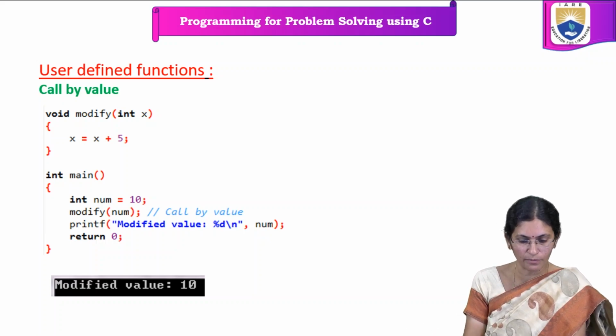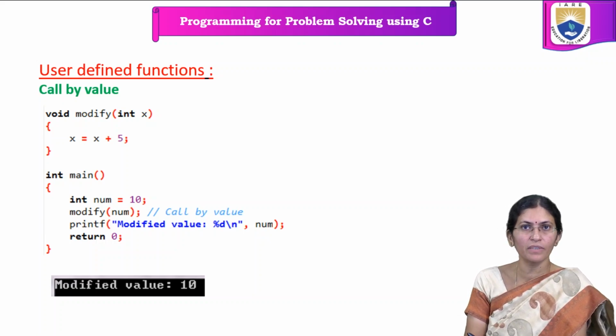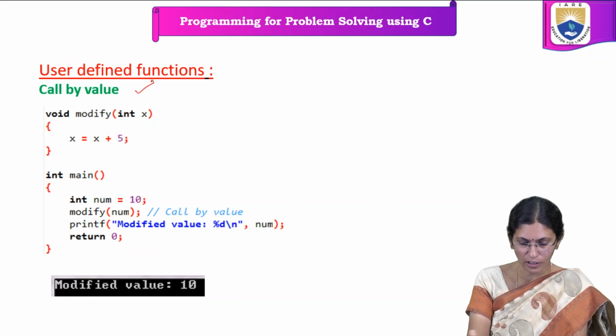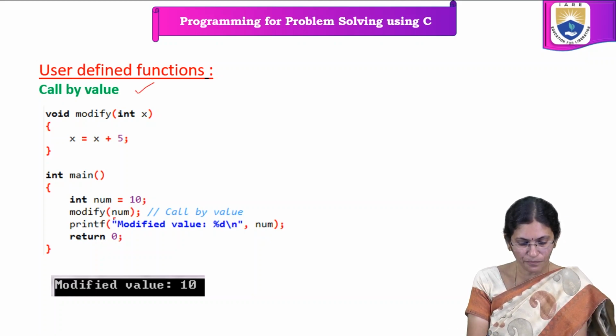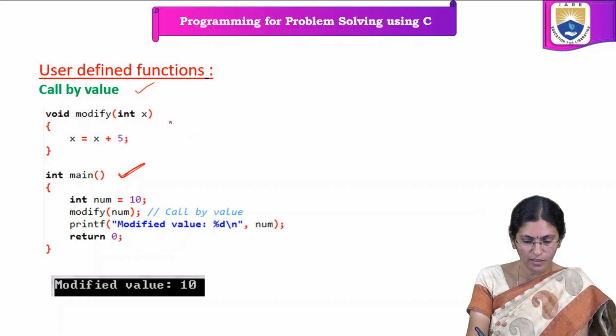So this is a program. Let us see this program and then we'll discuss what is call by value. This is the main function, from where the actual program execution starts. Before using the main function, we need the user defined function.